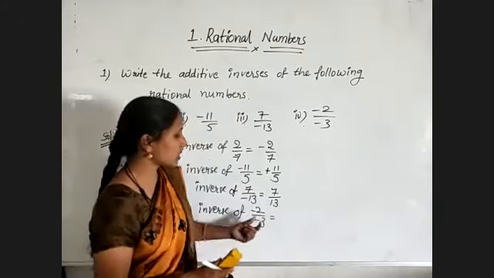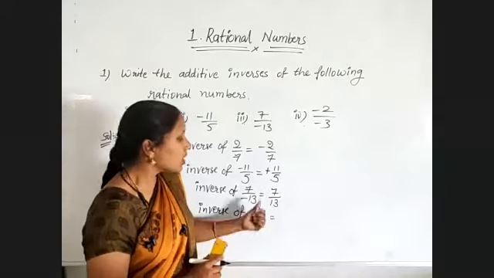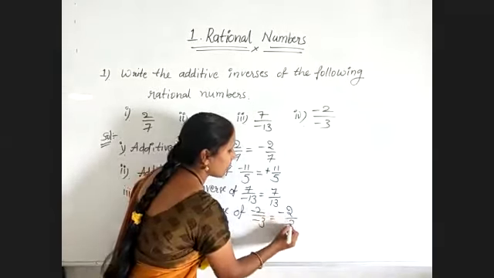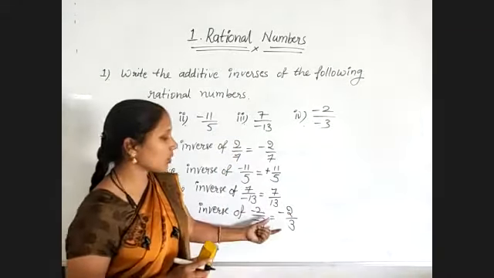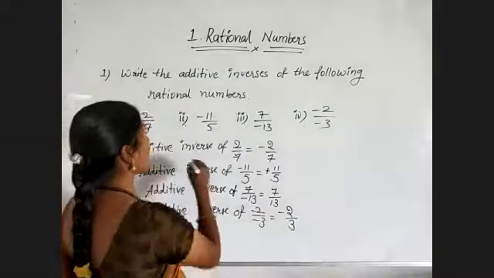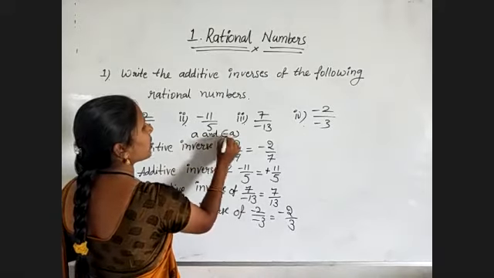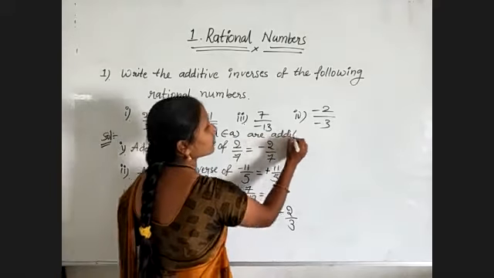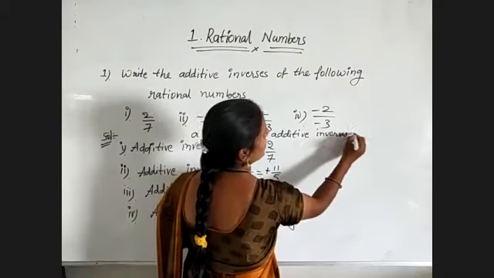Because it is minus 2 by minus 3, it is a positive rational number. That's why we will get the negative number minus 2 by 3. So to avoid any confusion, we have a and minus a are additive inverses to each other.